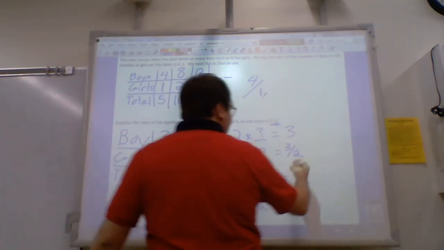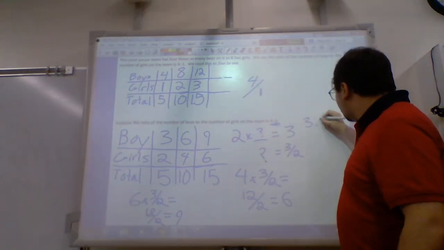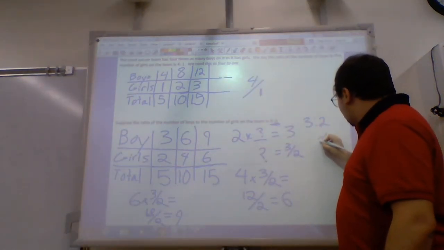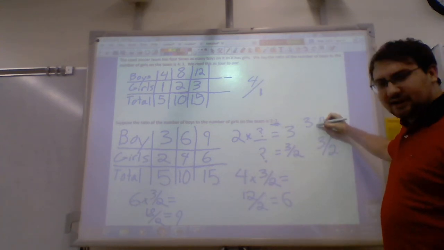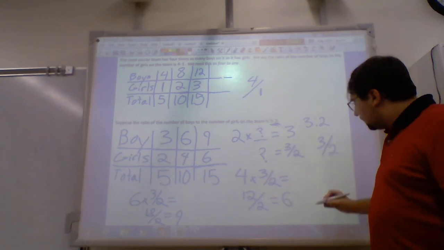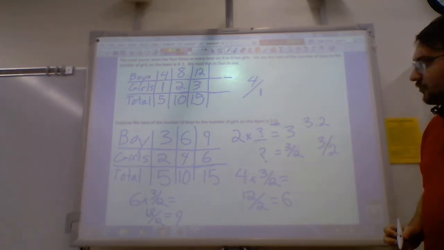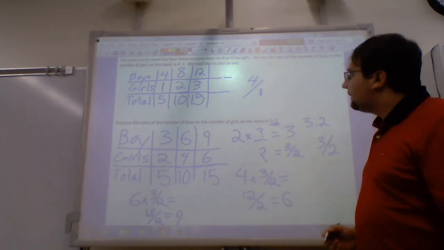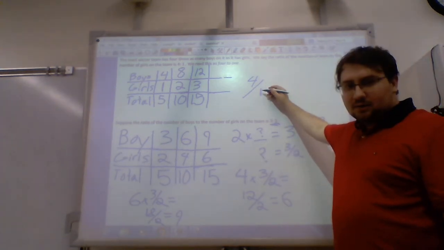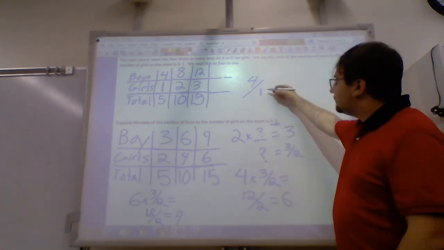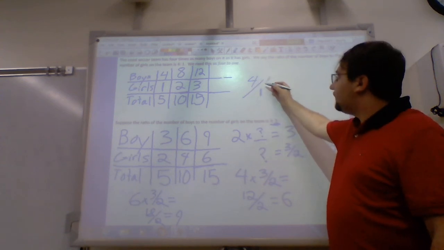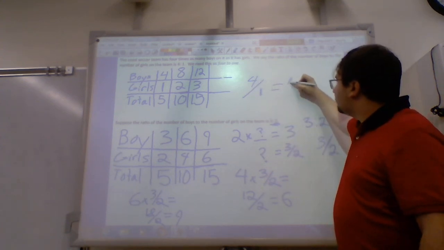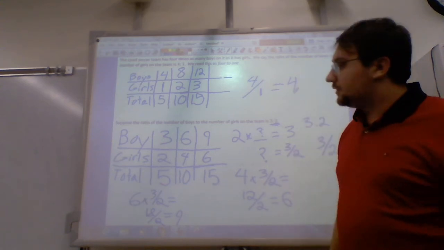Because 3 colon 2, 3 halves, it's super similar. It's got this colon bar, and that could be the fraction bar. Does it work for here? It does. 4 ones, well, that's just 4 wholes. 4 over 1 is equal to 4.